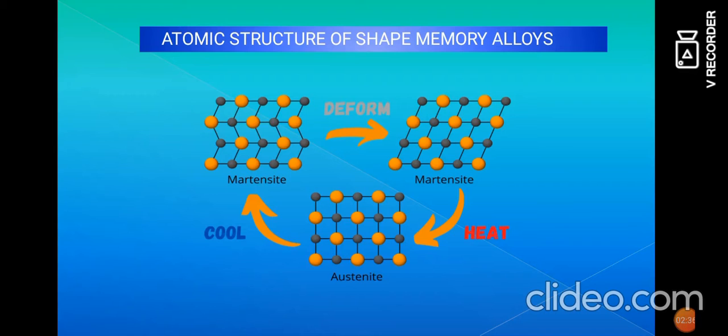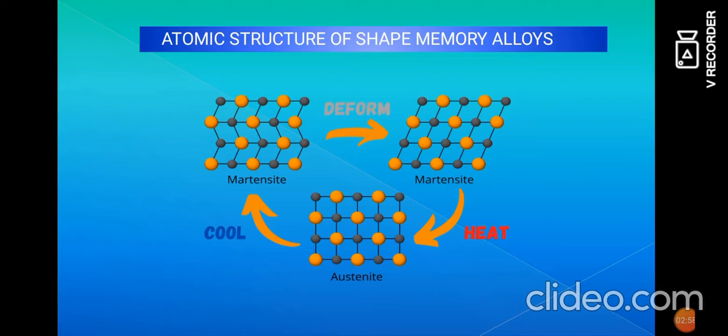Now when the external heat is applied to the deformed martensite material, it is slowly changed into austenite material as shown in the figure. That means once again the atoms are rearranged so that the martensite phase is slowly changed into austenite phase.